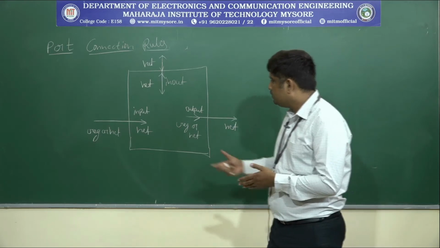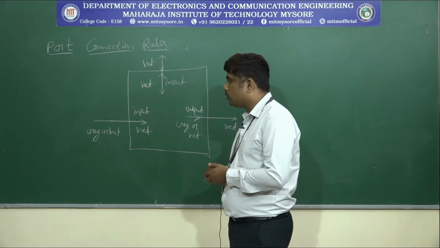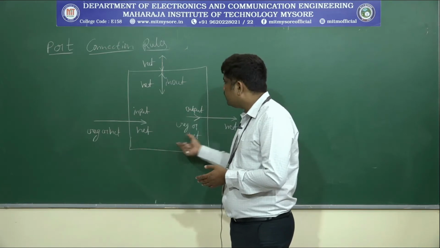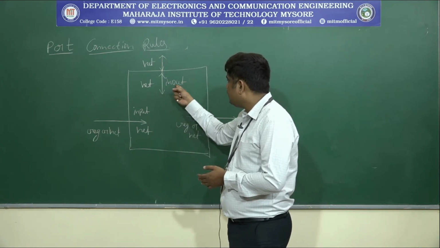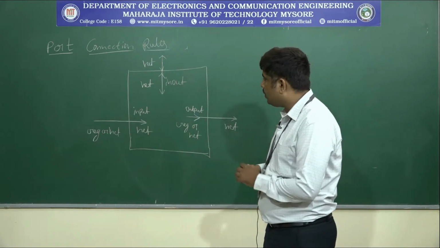So here you just observe this diagram. This is called the diagram for port connection rule. Here you have to mention the ports, that is inout, input and output. Let us consider them one by one.